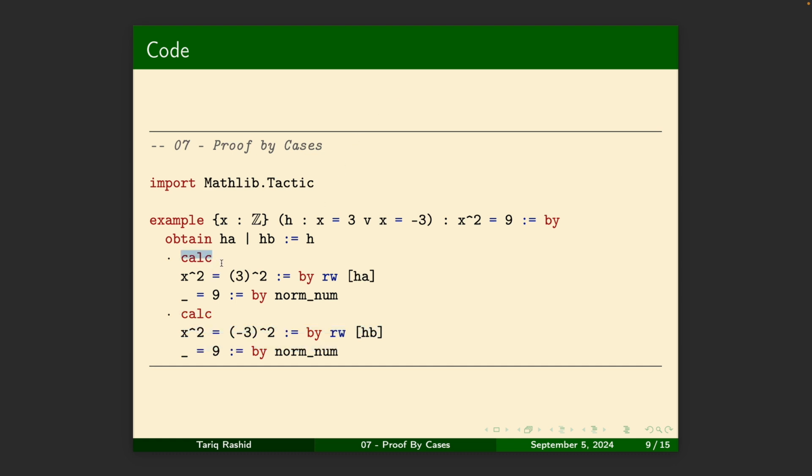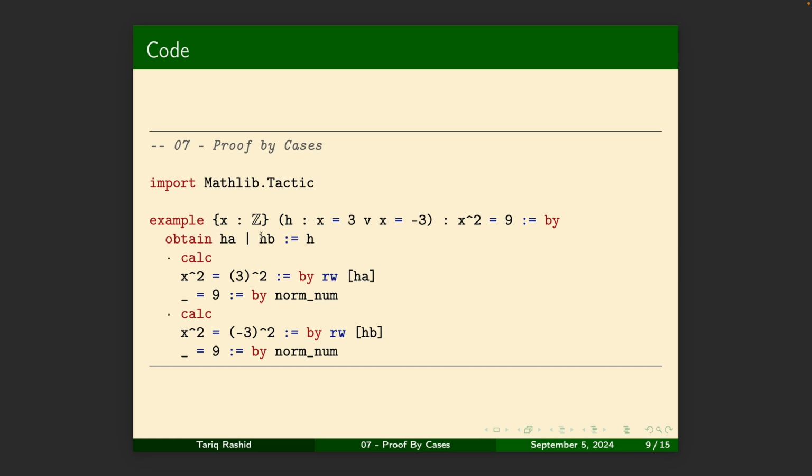So calc we've seen lots of times before, and it's saying we're about to do a calculation, and we're about to calculate what x squared is. We're justifying that it's 3 squared by using the rewrite tactic. We've seen that many times already, using ha, the temporary hypothesis that's relevant to the first case.